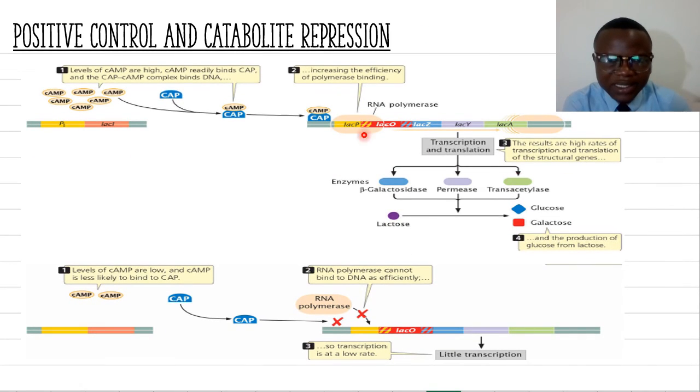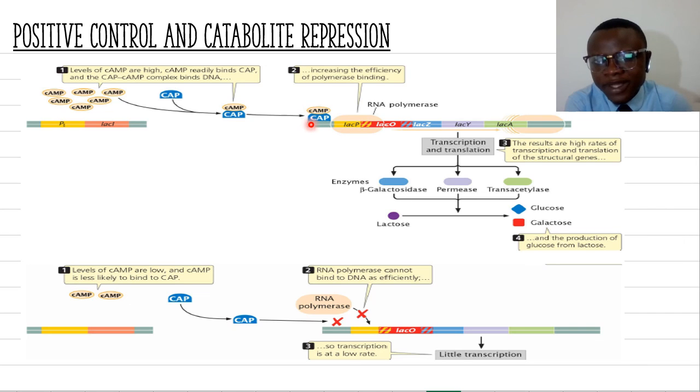So this is what I've just been discussing here. You have the CAP, where you have a high level of cyclic AMP. The cyclic AMP is going to bind to the CAP protein and form a complex. This complex is going to bind to a segment upstream. So you see here what I was discussing about upstream. Here's the promoter, and these are the structural genes. The region before the promoter is what we call the upstream, right?